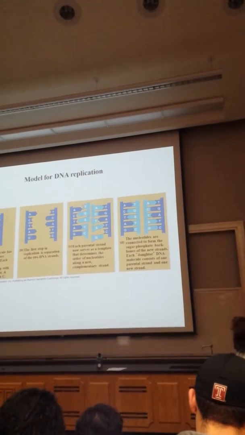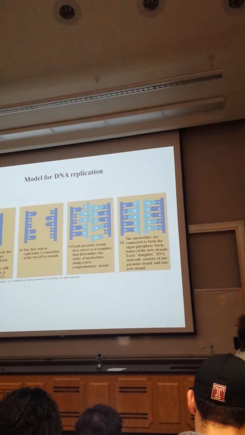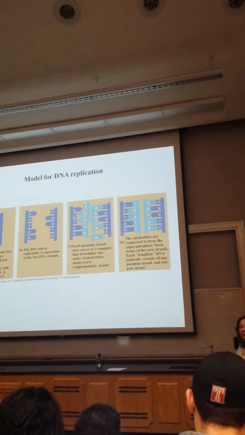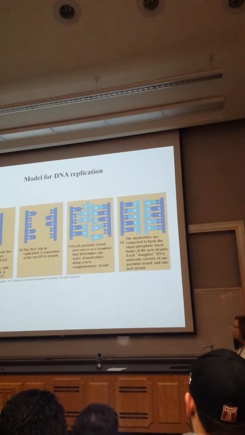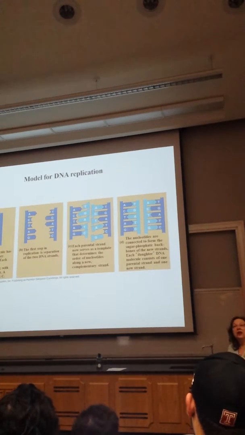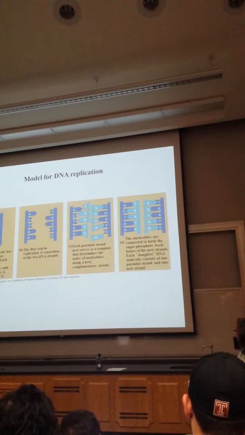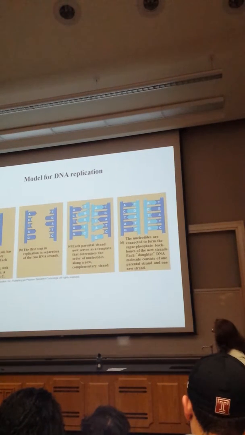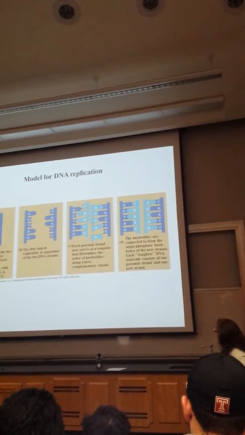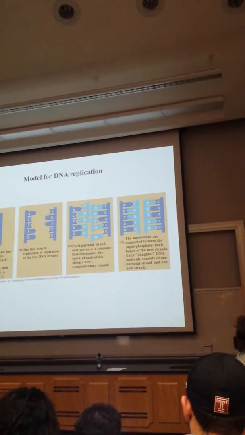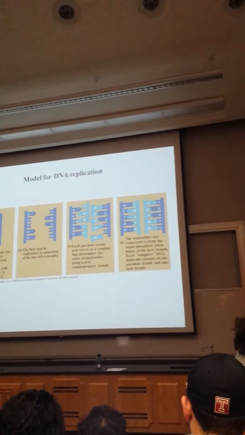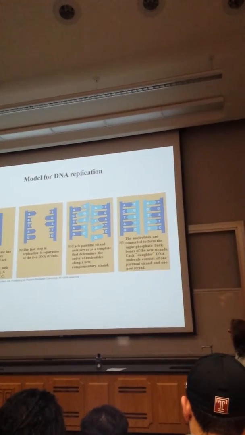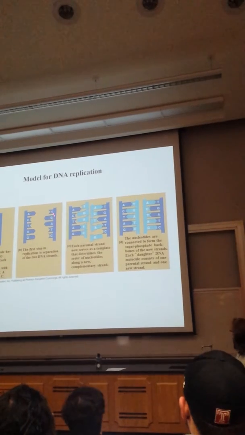Okay. All right, so now we're going to talk a little bit about what the results of establishing the structure of DNA did for determining how DNA was actually replicated. Based on the work by Watson and Crick and Rosalind Franklin, it was known that DNA was a double-stranded helix with guanine base paired to cytosine, adenine to thymine. And therefore, it was determined that in DNA replication, these two strands would be separated.